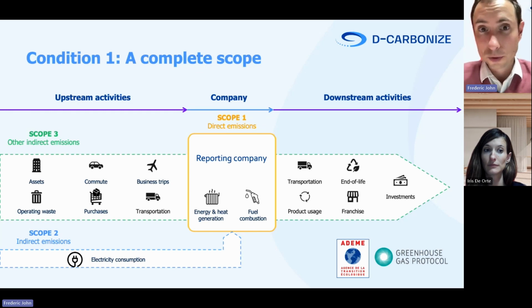The same for the logistics, needs to be reported for your downstream activities. When you ship the product that you produce, we need to record the emissions related to this shipment. Same for the product usage. If you manufacture a product and this product requires energy to be powered, like for example, the computer that I'm using today for this webinar requires electricity.